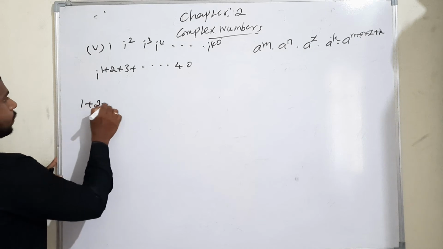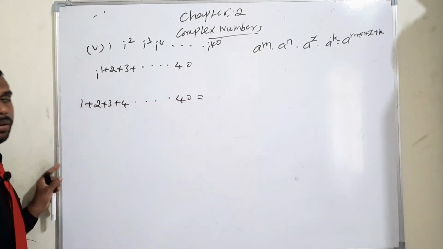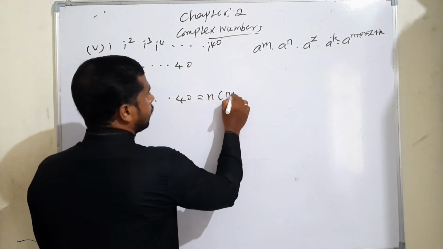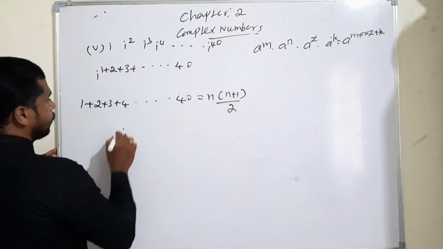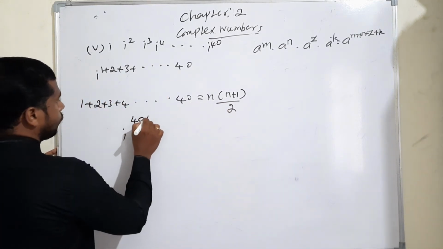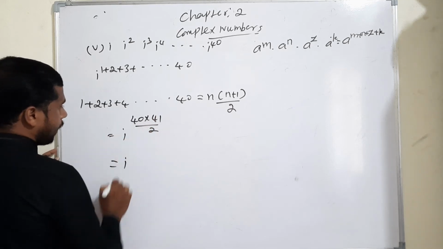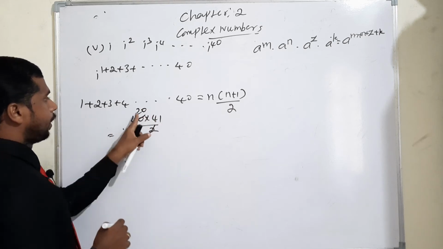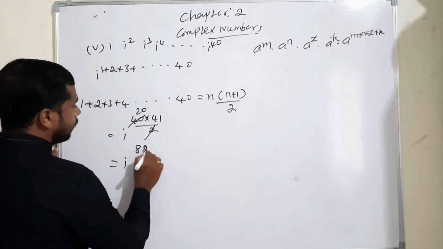So 1 plus 2 plus 3 plus 4 dot dot dot 40 means what is the formula? Algebraic formula, I think 8th standard formula. The basic n into n plus 1 by 2. n is considered 40, so i to the power 40 into 41 by 2, isn't it? Is equal to i to the power 40 into, otherwise cancel, 20 times, isn't it? Again 20 into 41, 820, i to the power 820.